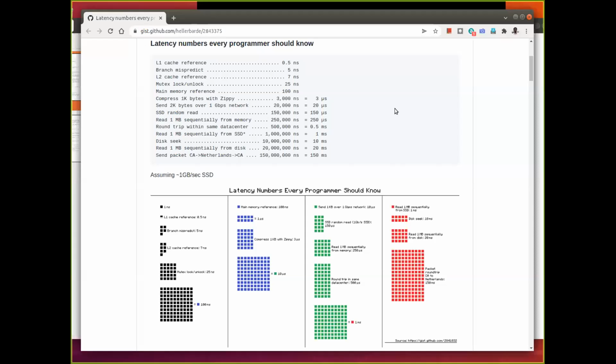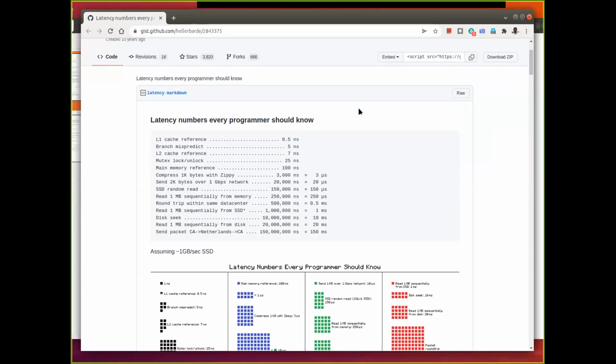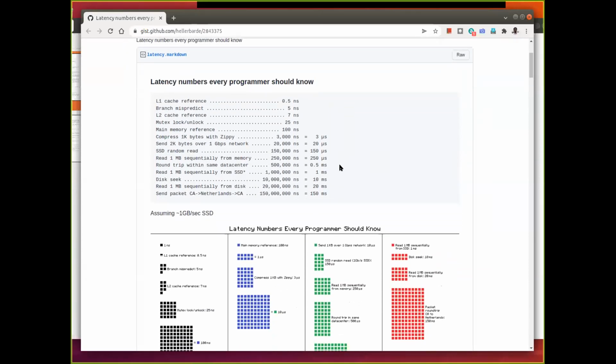Yeah, so this one you should see: What every computer scientist should know about latency.